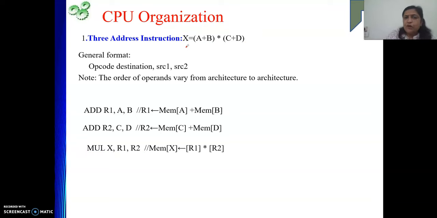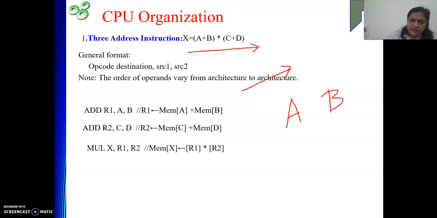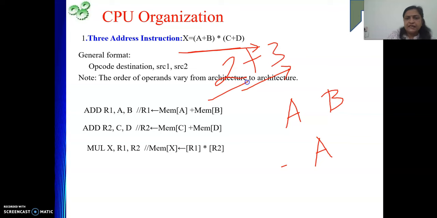So what you need to remember is, first, in what order you need to execute. Second, you should not modify your memory operands, because before your instruction they may be used, and after this particular expression also someone is using A. So you should not modify A. Also, in mathematics class, whenever we add two numbers, we are not changing the numbers, we are producing a result. That we always need to follow, right?